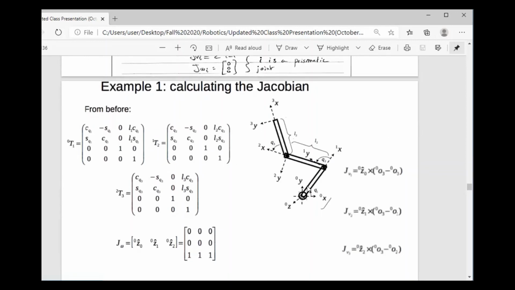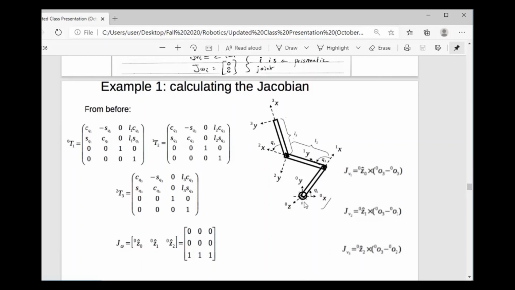So this is a 3 degrees of freedom robot, and I'm trying to build my Jacobian, right? If I do my transformations, initially, this is my T01, and we all know how to do that, right? This is the DH here. If you plug it in, you'll get this, T12, and then this is T23. What would be my JV1?